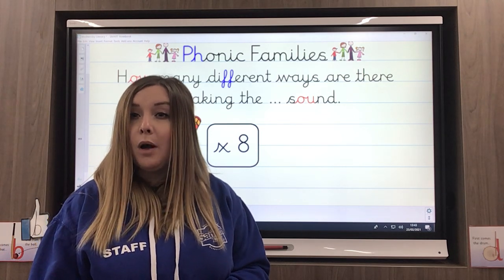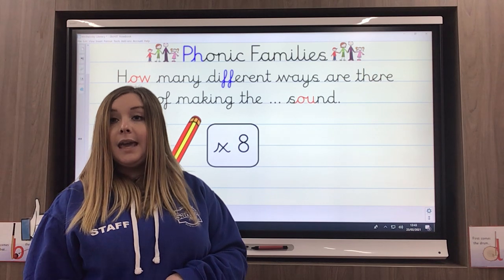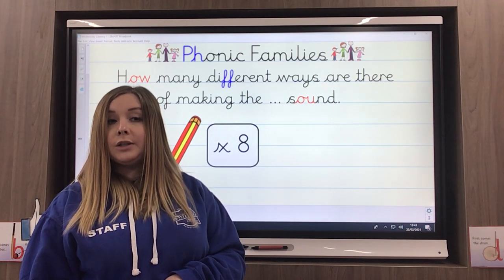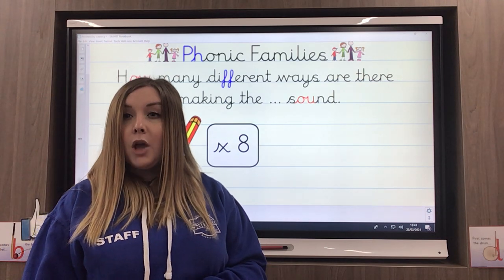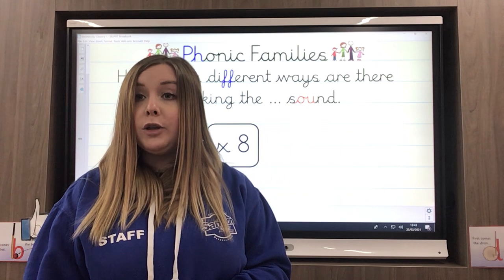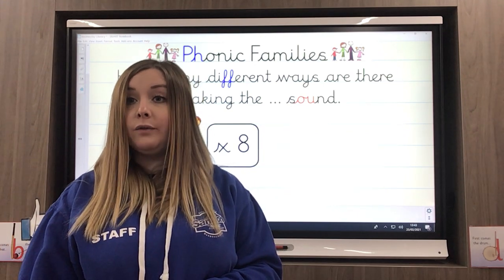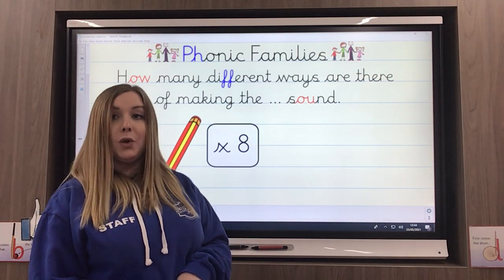And your last one then, what A sound is it in the word day? Don't forget to take a picture of this part of your learning when you take a picture of the rest of the writing that you do today. Okay, well done.